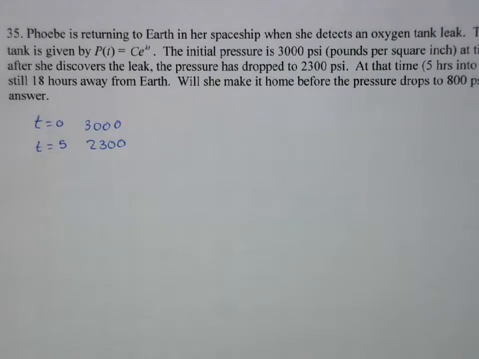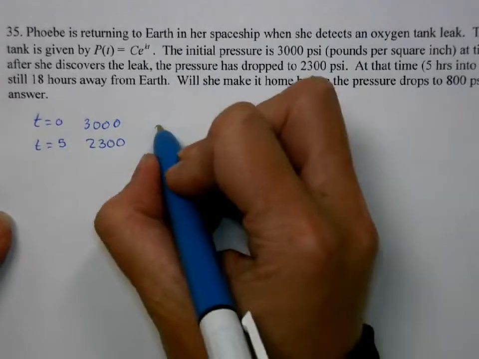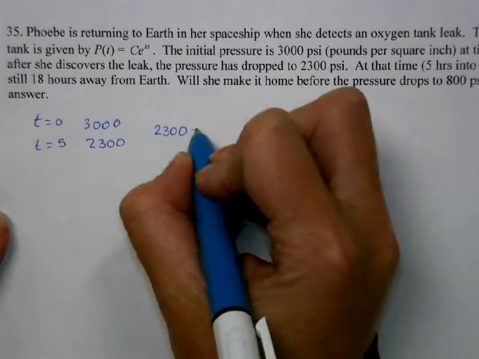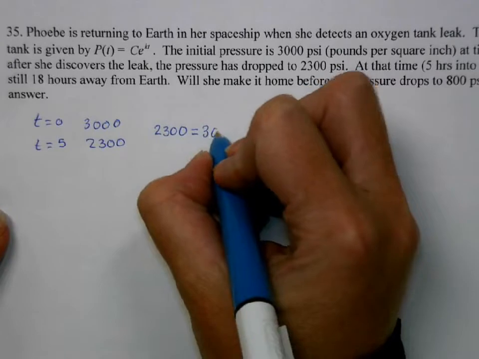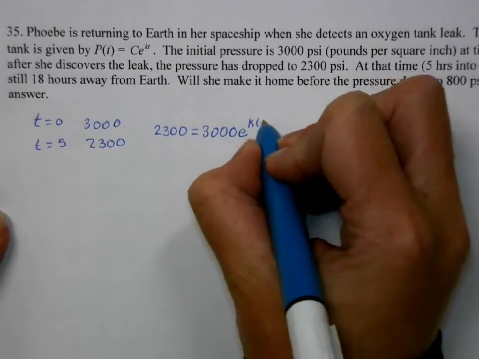All right, so we're going to do basically the same thing we did in the last problem with different numbers. So we're going to set our equation equal to 2,300. Our initial value is 3,000. E, we're trying to find k. Our time is 5.